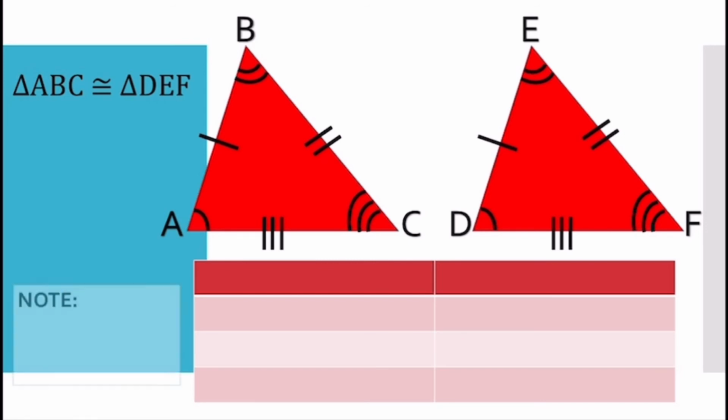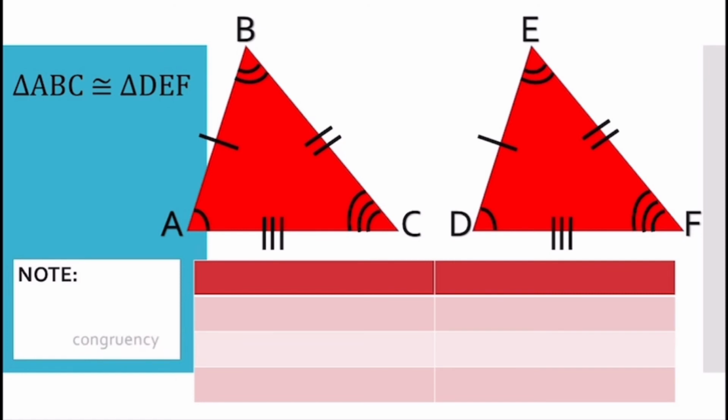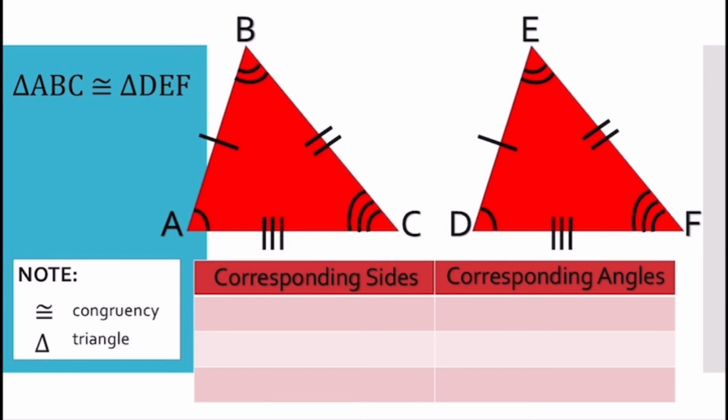Note, the symbol for congruency is like an equal sign with a curved line above it. And for triangle, the symbol that we're going to use is a small triangle shape. Now, the congruent corresponding parts are marked identically. Let's identify now the corresponding congruent sides and the corresponding congruent angles.